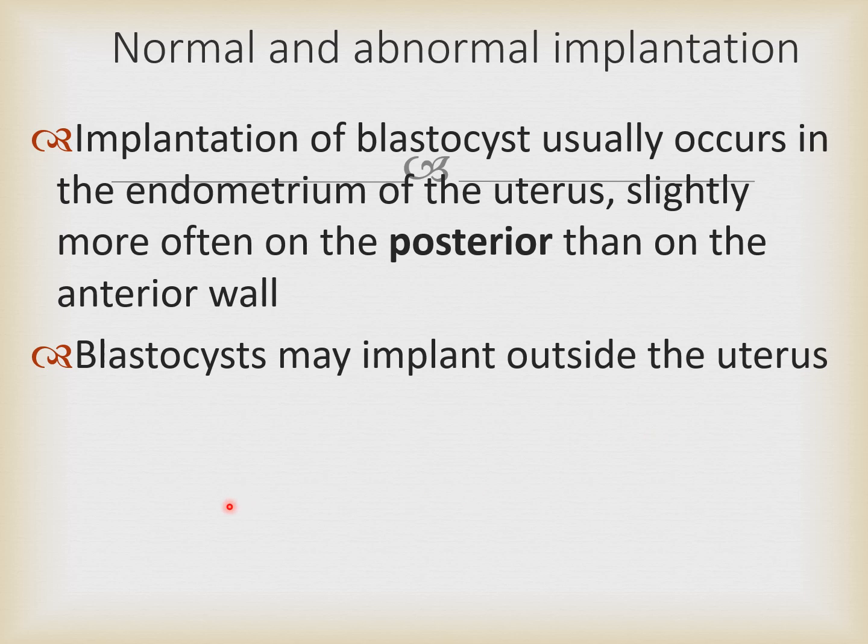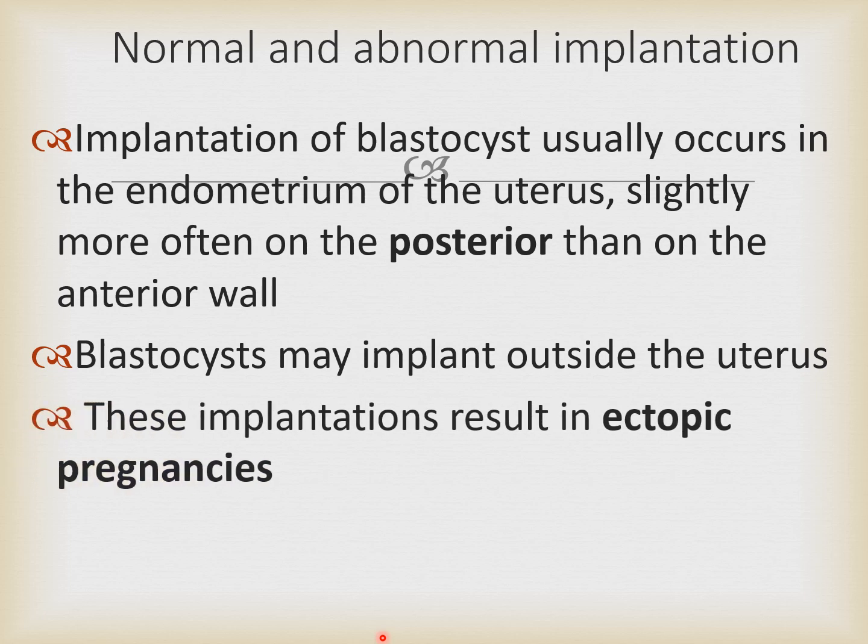In 98% of cases, ectopic pregnancy occurs in the uterine tubes, often in the ampulla and isthmus. The rest of the sites can be the ovary and the abdominal cavity as well. This is a dangerous and life-threatening phenomenon.